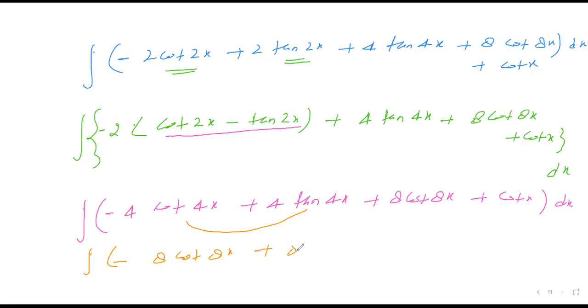Plus 8 cot 8x plus cot x dx. So again you can consider it as one of the most fantastic problems. Now it is the integral of cot x dx. You know it is basically ln modulus sin x plus constant of integration c.